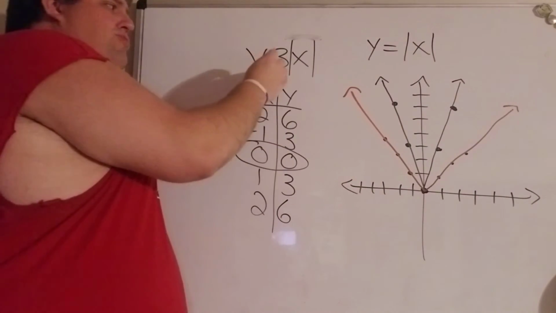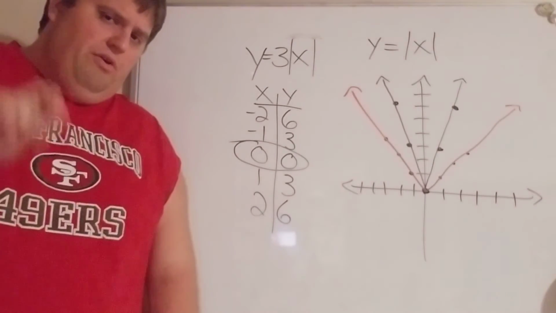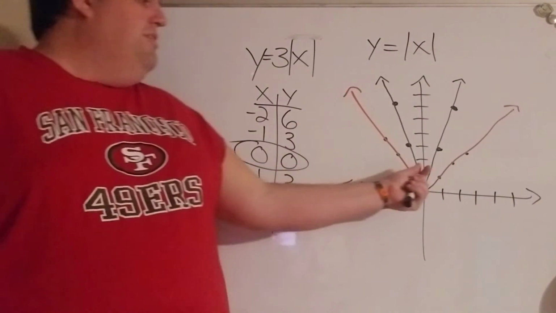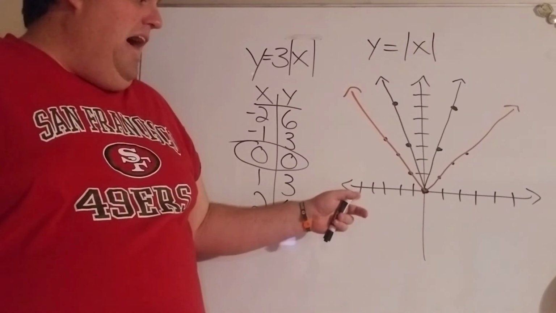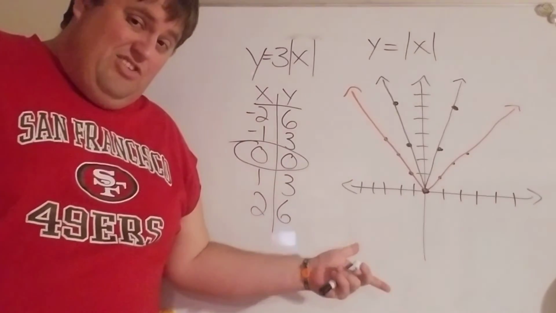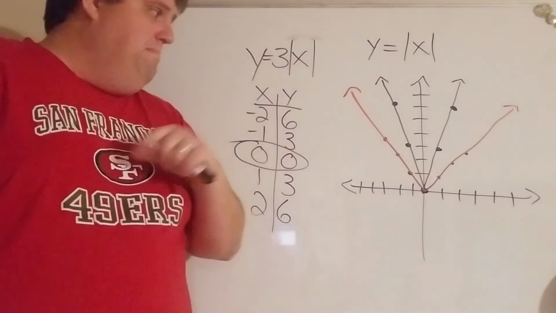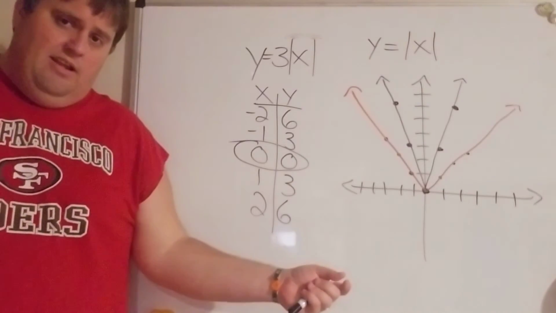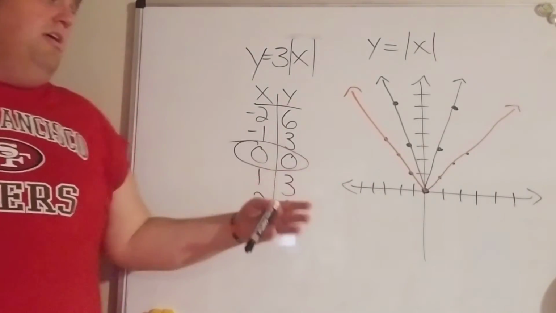If we look at the stretch, it's not going to affect the domain or the range, which is really interesting, right? Because even though it's skinnier, I know it's still going to get to x equals -5 at some point. It's just going to take a lot longer to get there than it would have here. So my x's are still going to be all reals for the domain, right? From -infinity to +infinity, that's my domain.